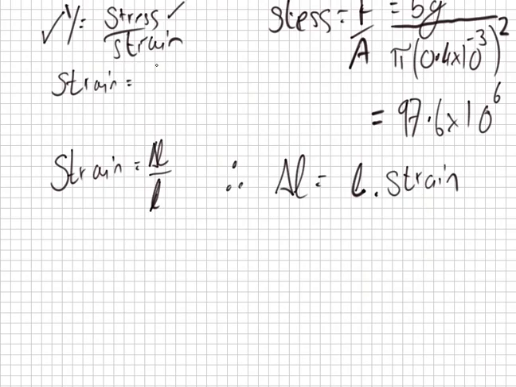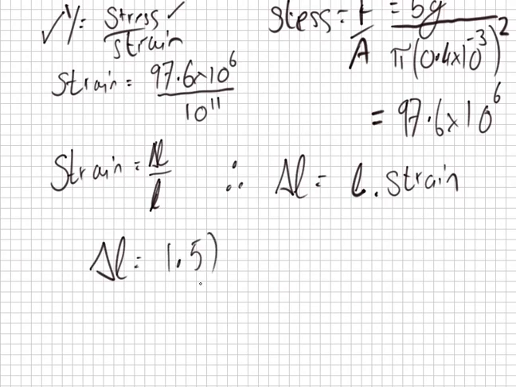So can you type in, please, strain equals stress over Young's modulus. So 97.6 times 10 to the 6 over, now what was Young's modulus for this question? 10 to the 11. Well, I can see what that is. That's just going to be 10 to the minus 5 up here. So delta L equals 1.5 multiplied by 97.6 multiplied by 10 to the minus 5.